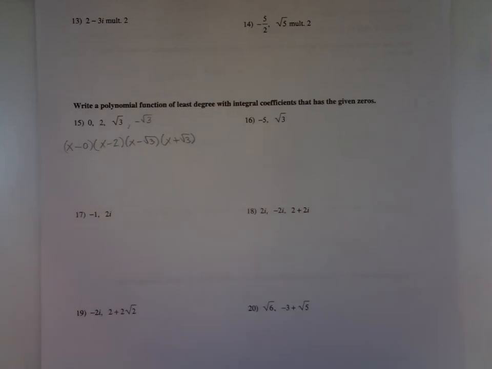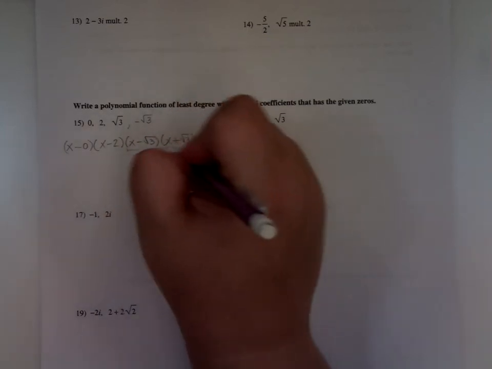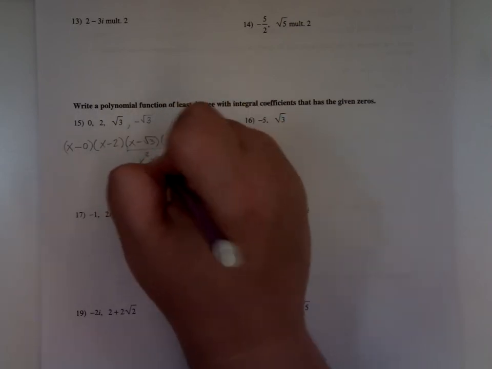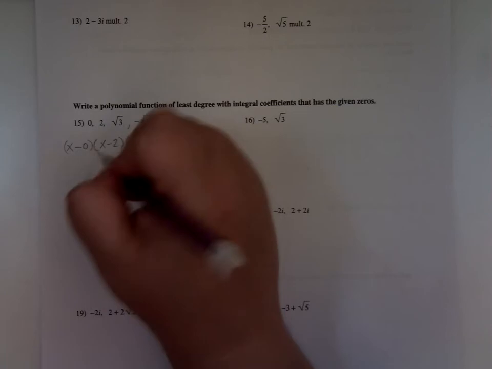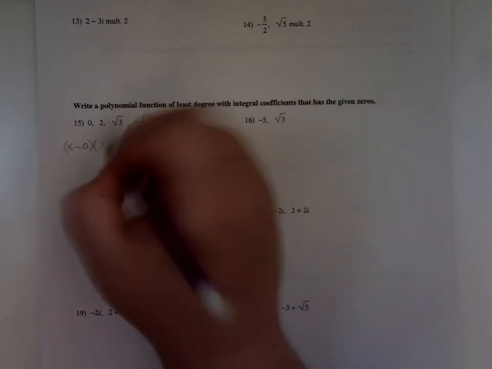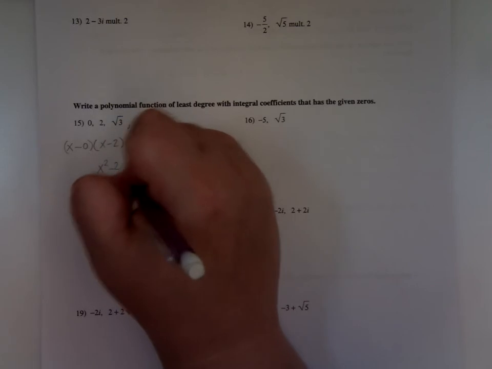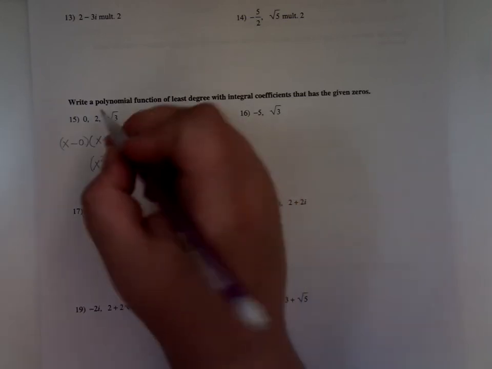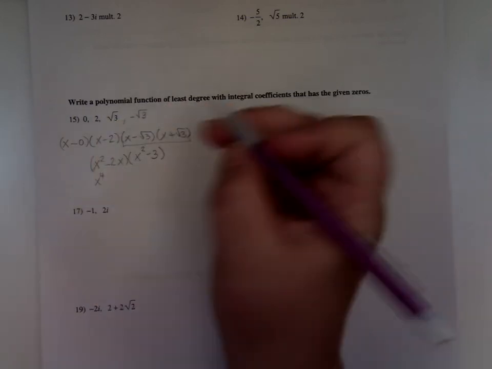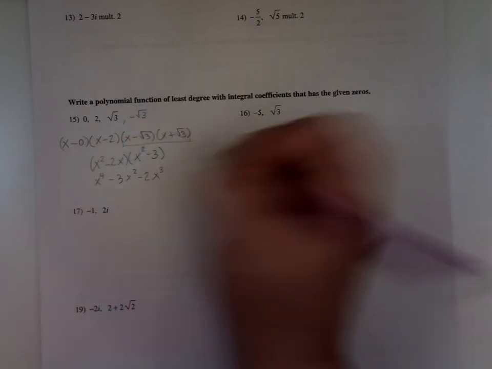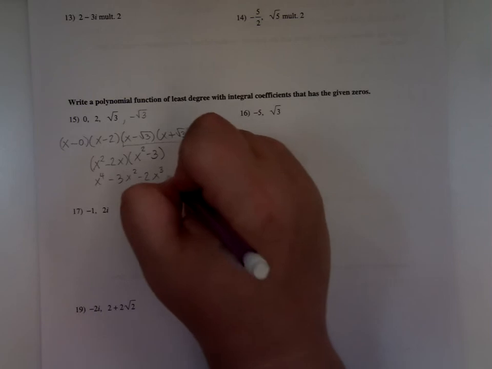So these are a difference of squares. So this is x squared minus 3. And then this is just really x times x minus 2. So this is going to be x squared minus 2x. And then we can FOIL those. So we've got x to the 4th minus 3x squared minus 2x to the 3rd plus 6x.